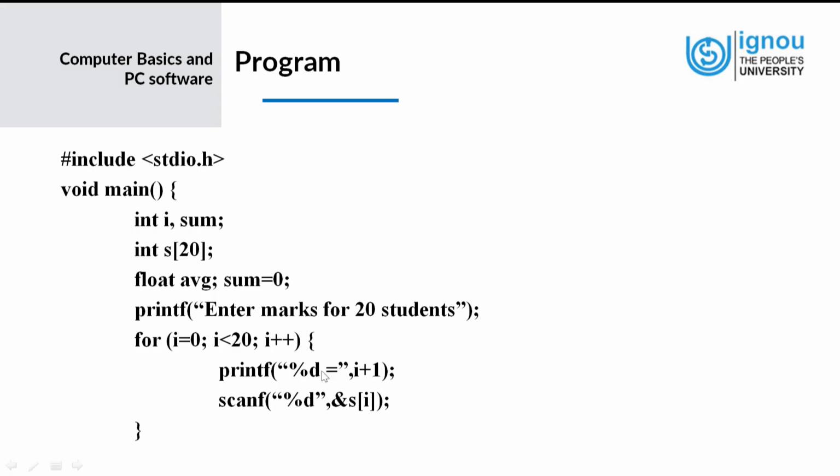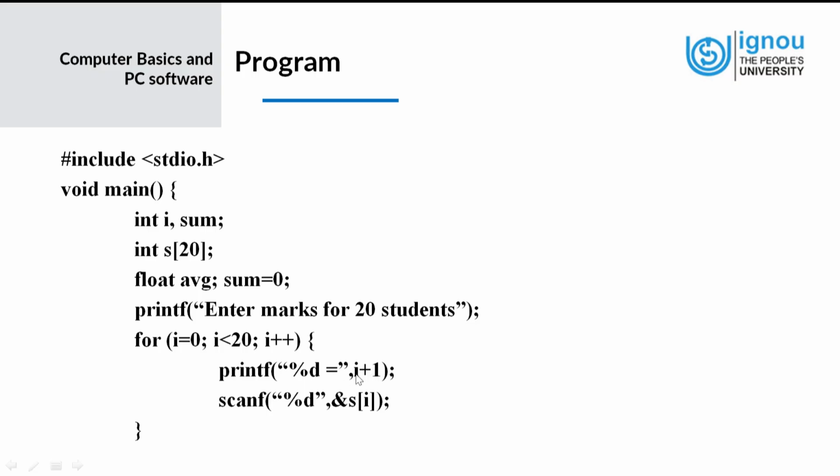Then over here, what will you do? You will print actually i plus 1. So when the value of i is 0, it will print 1, that is, enter the marks of the first student, so that you don't get confused among the indexes, right? After all, the person who is inputting the data may not be the person who is programming it, okay?